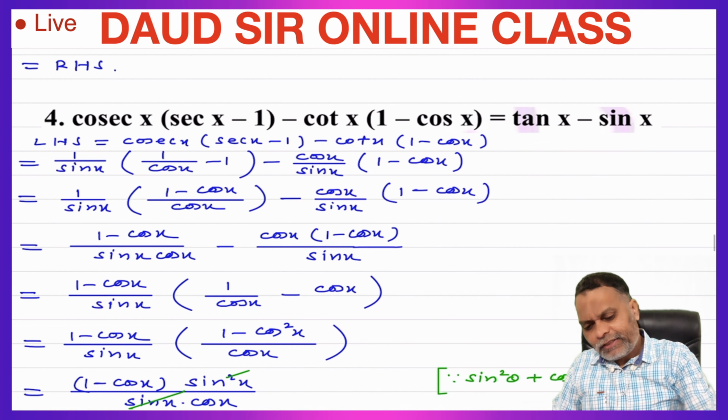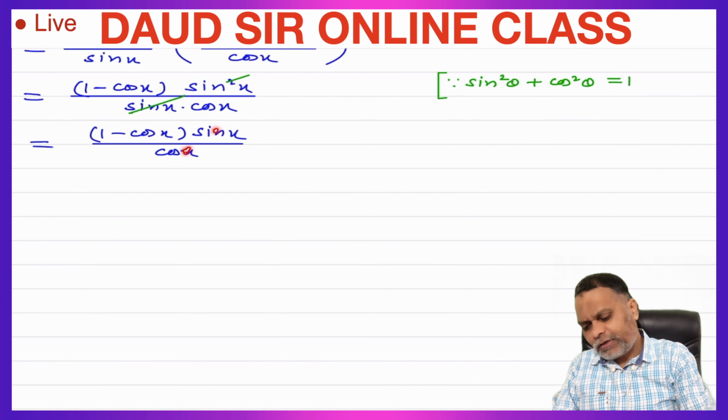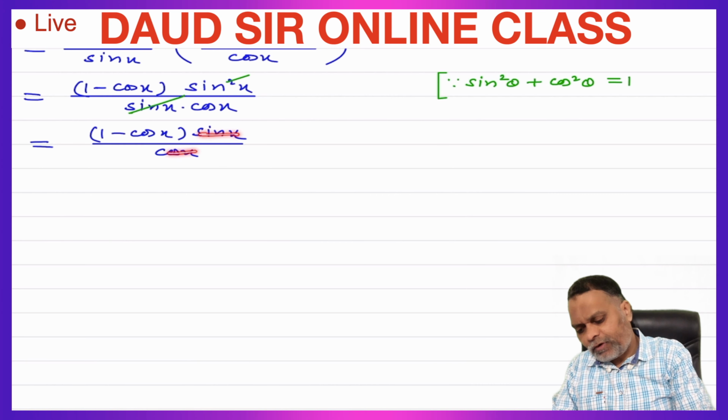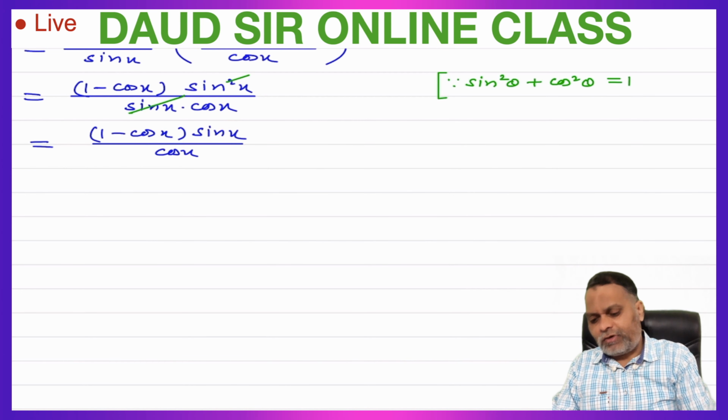So for getting this tan x minus sin x, just multiply this sin x upon cos x into this bracket. So what will happen here? Sin x upon cos x, this we can write tan x, and this cos x into sin x upon cos x, cos x will be cancelled and we will get sin x only.